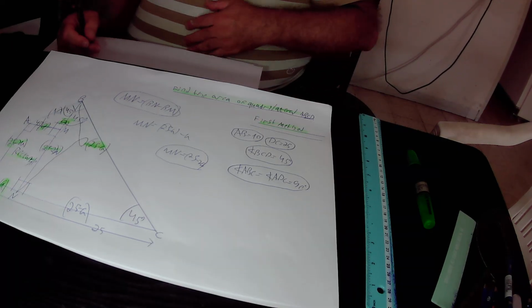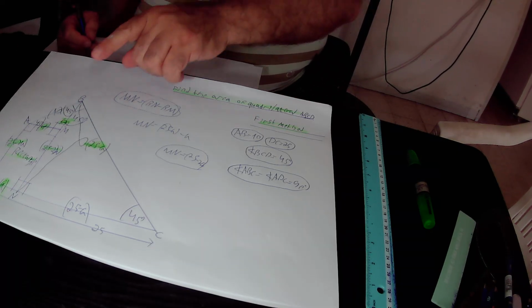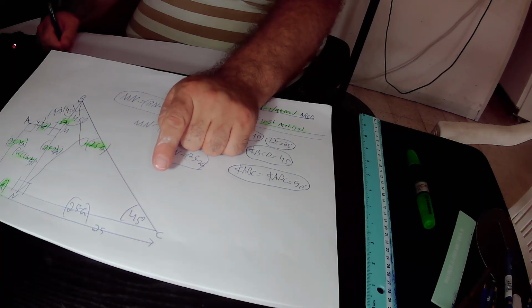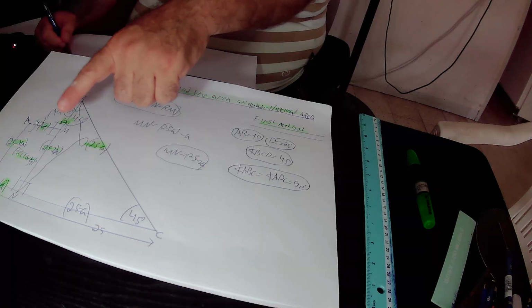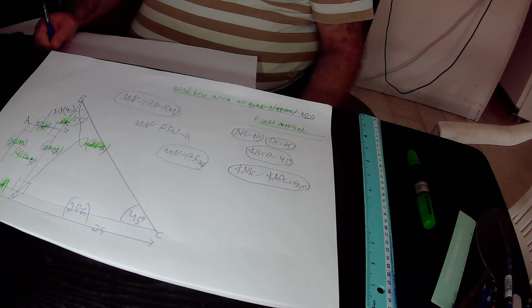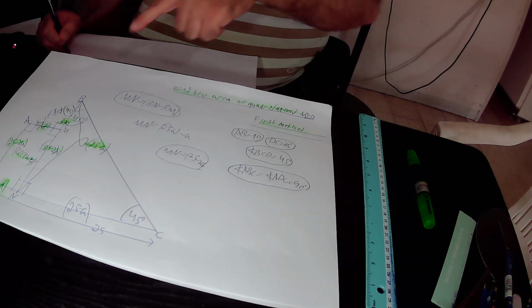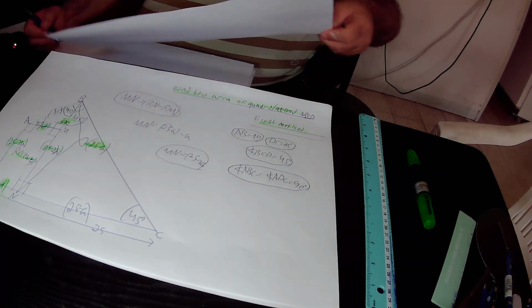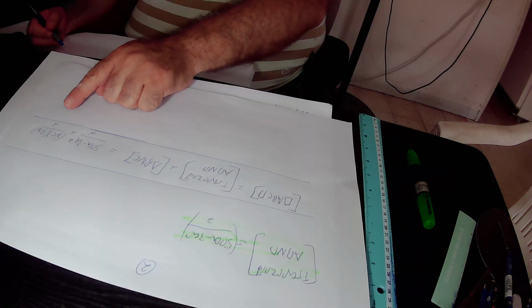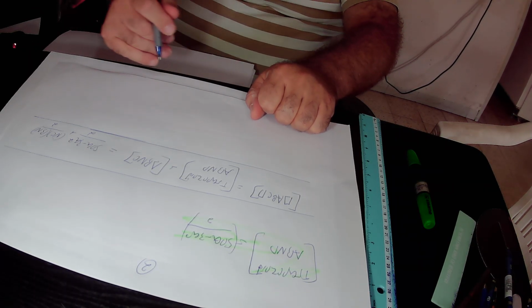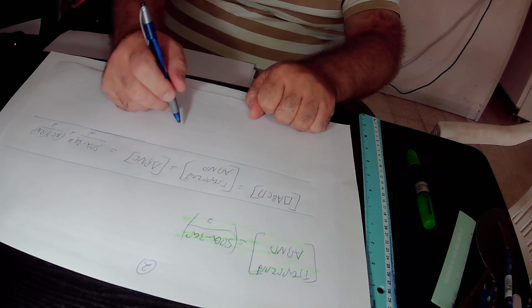The area of the right triangle BNC equals the base of the right triangle, that is NC, times the height, that is BN, divided by 2. And again, in total, the area of this right triangle BNC equals the base NC times the height BN over 2.